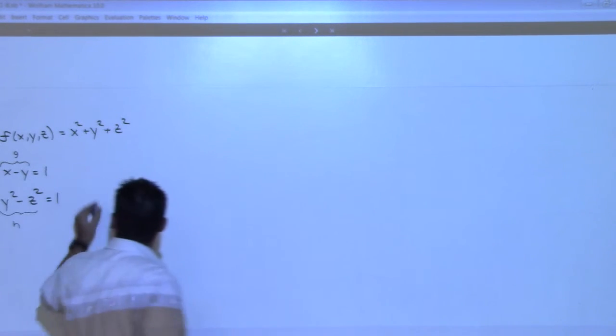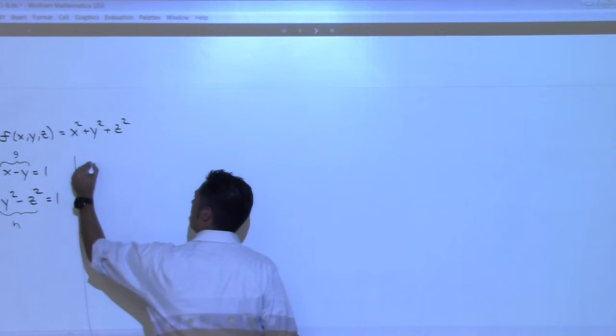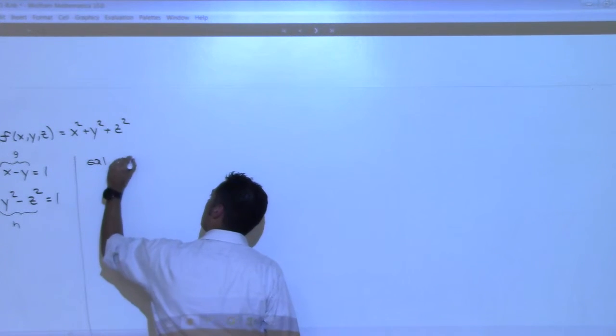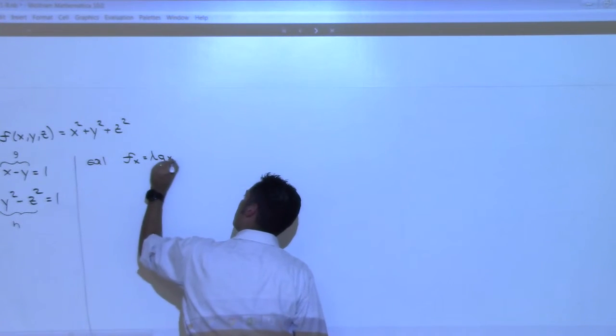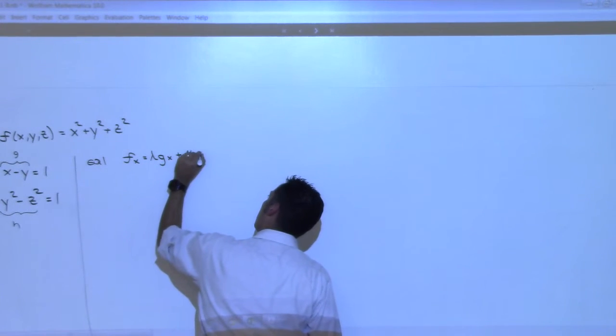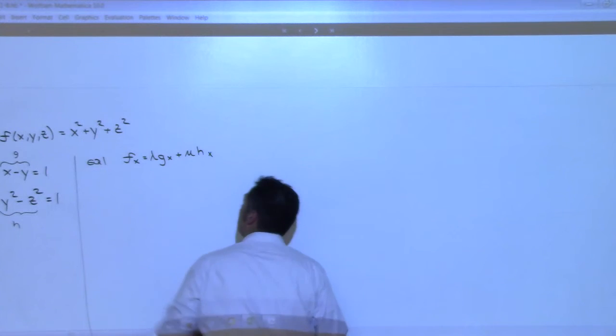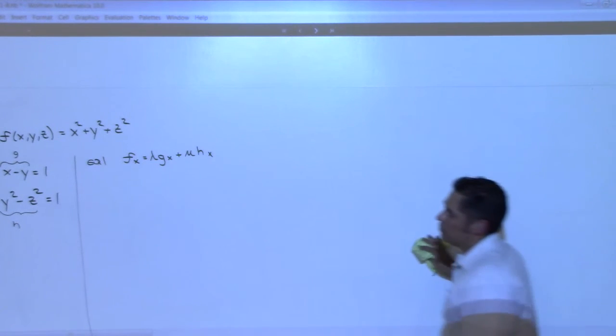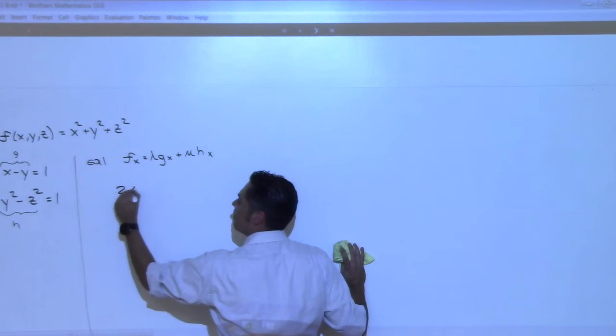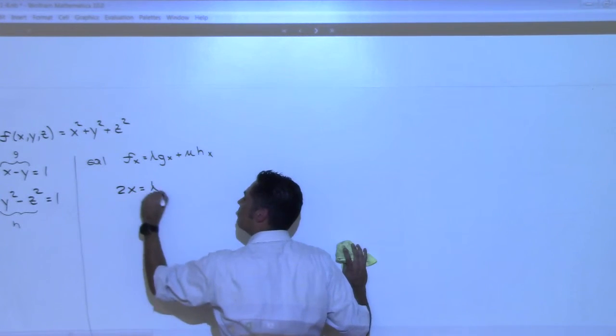All right, so first equation, I need the partial of f with respect to x to be equal to lambda partial g with respect to x plus mu partial of h with respect to x. Let's get that. So what's that? 2x equals lambda.